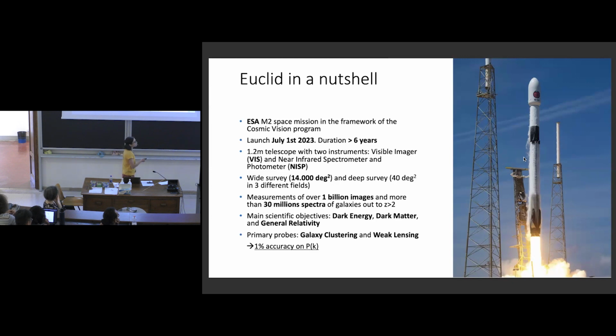Besides all the specifications, more than 1 billion images, more than 30 million spectra of galaxies out to redshift 2, I want you to focus on this 1% accuracy that Euclid is expecting on the measurements of the matter power spectrum.